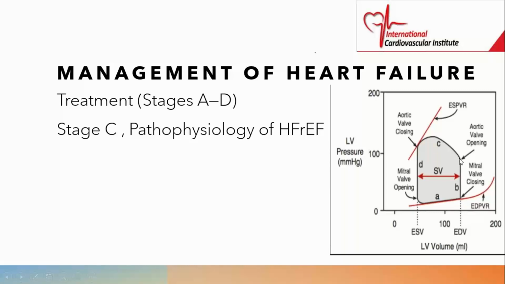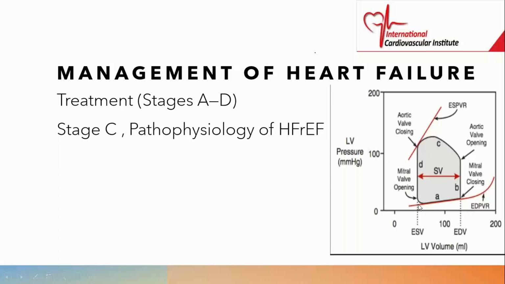Then the aortic valve opens, and it's going to eject blood out of the LV, and that is why the volume is going to move from your end diastolic volume and now decrease to your end systolic volume, because the aortic valve opens and blood is ejected from the LV. And then the aortic valve closes. The mitral valve is still closed.